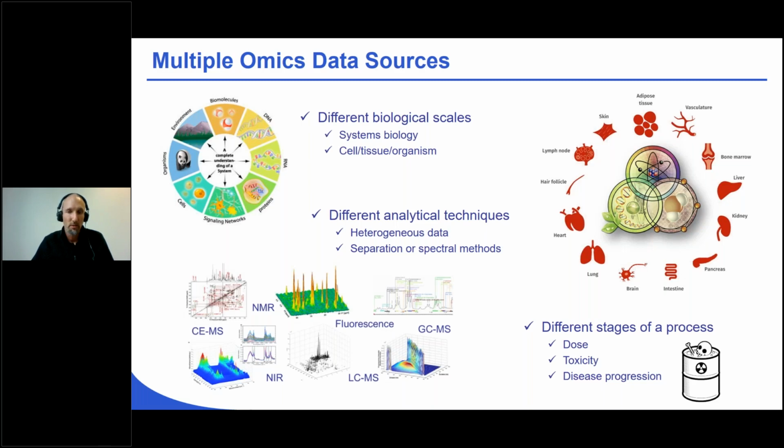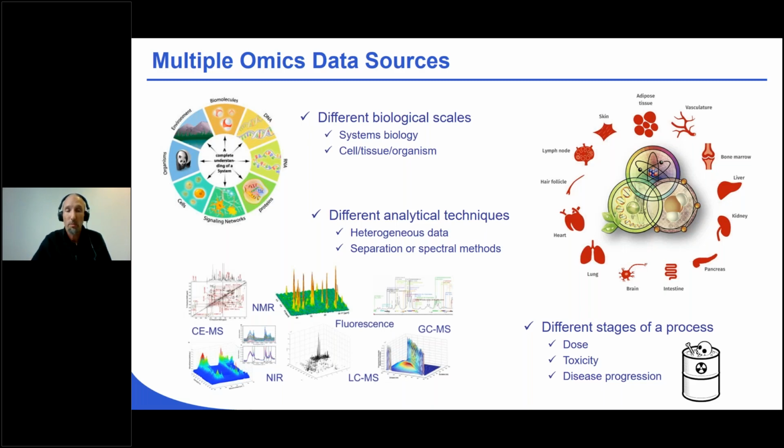We can also think about different stages to describe a process that can be either related to evolution over time or according to different exposures, doses. And maybe for people that are more involved in the analytical part of the metabolomic workflow, we can also think about this complementarity in terms of analytical techniques, because it can be very interesting to try to combine data measured with separation methods coupled to mass spec, for example, NMR.